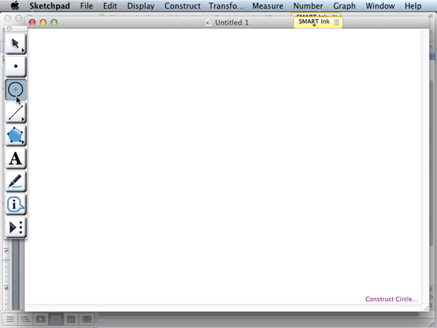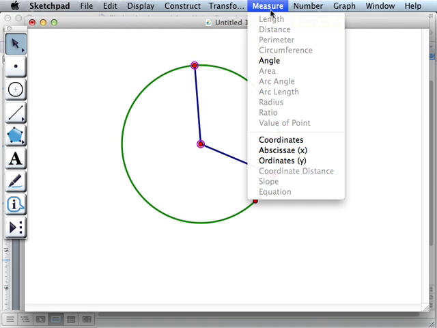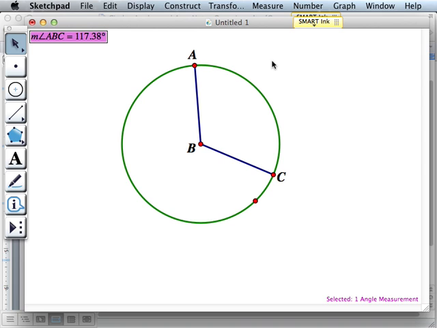So, sorry about that. Here I'm going to draw a circle again. Here's my circle. This time I want a central angle, so my angle has to have its vertex on the center. And I'm going to measure this. Measure angle. So this angle goes here.